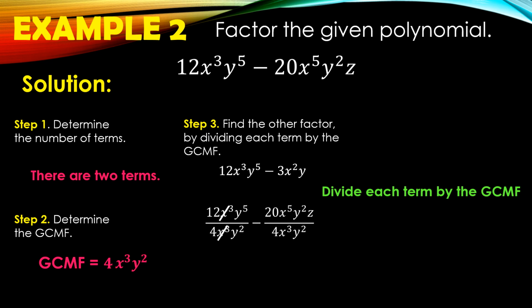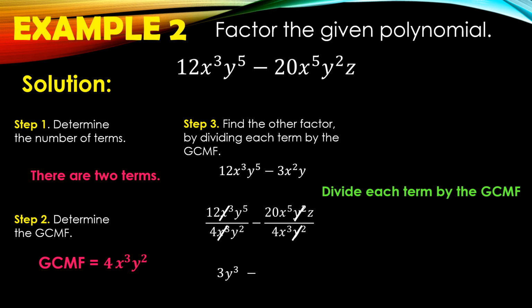So the common factors in the first monomial is x cubed, and in the second monomial is y squared. And then divide the remaining factors. 12 divided by 4 equals 3. And then simplify the variable y by using the law of exponents. So y raised to 5 divided by y squared will give us y raised to 3.